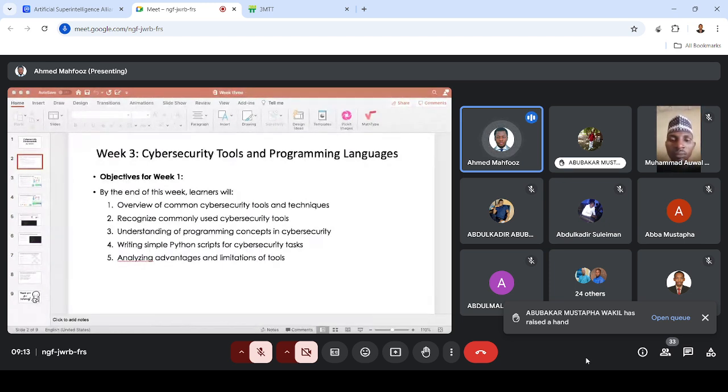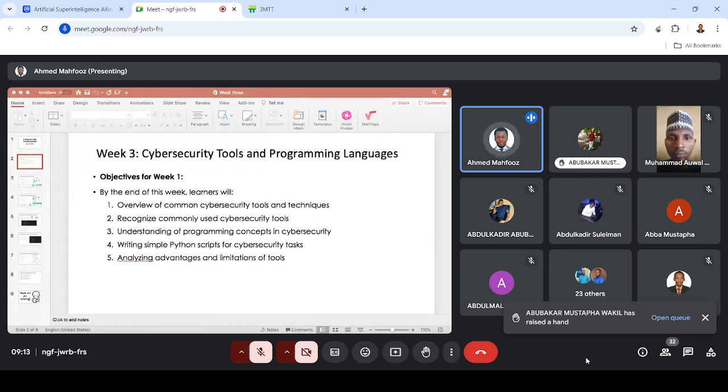We'll be looking at cybersecurity tools and some programming languages which a cybersecurity professional also uses in carrying out their functions. Programming language can also be part of the tools.